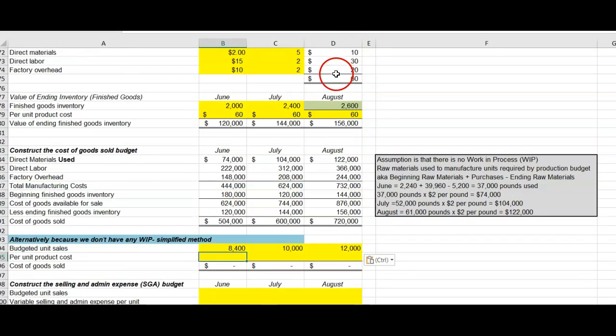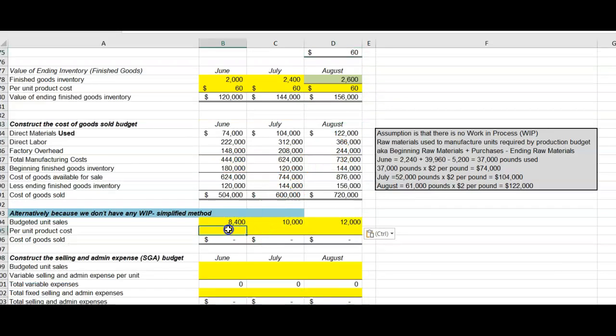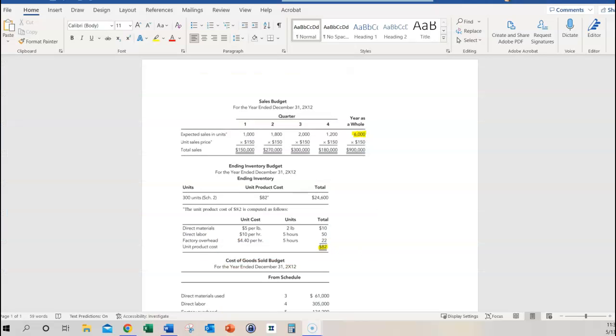So this per unit product cost that we calculated right here. So we're going to take this $60 all the way across. So this is going to give us the cost of our goods that we sold in each period. And you can see in this example, it's the exact same result because we don't have to worry about any work in process inventories in here. So this is what you'll need to do on your homework. This is the cost of all the units we actually sold during that period.